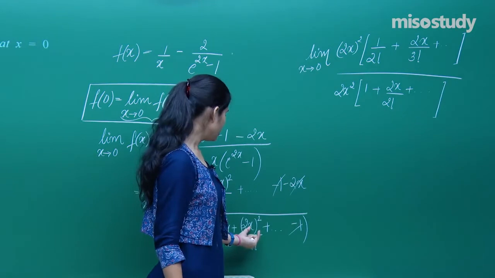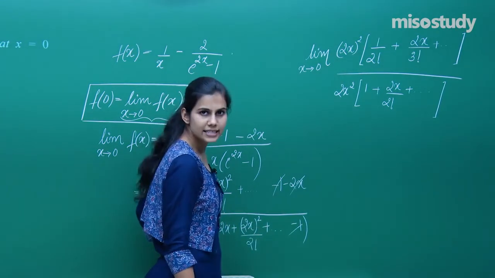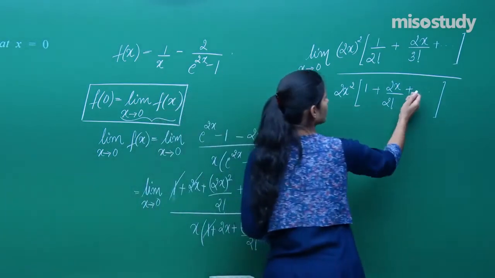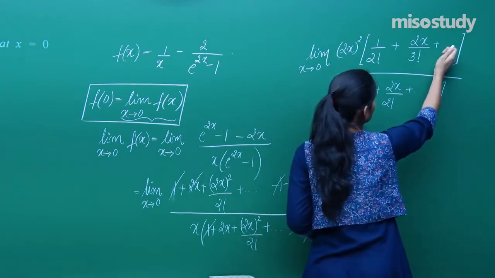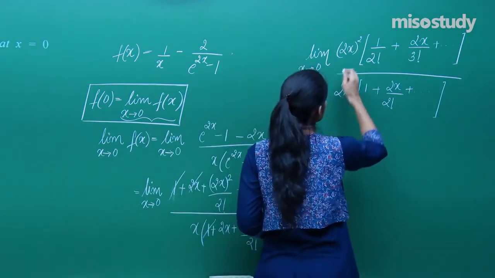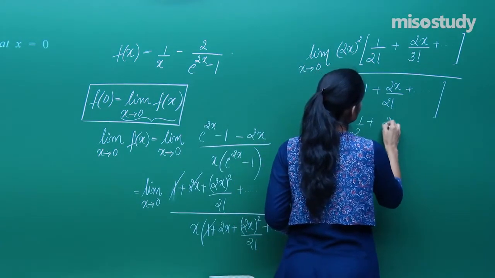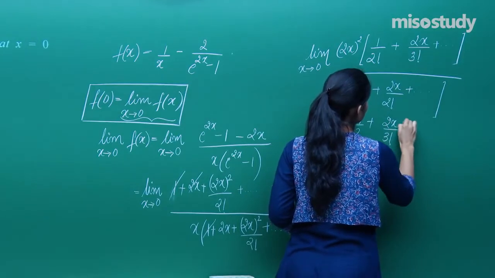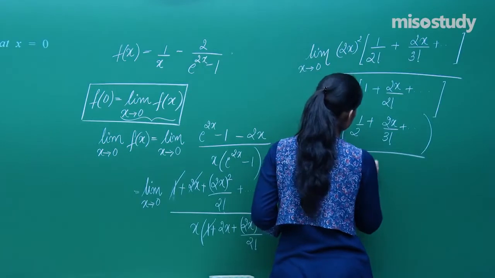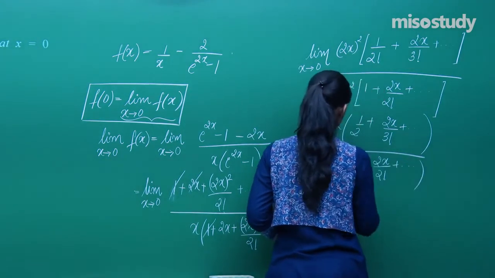The rest of the terms are all going to have at least one x term. Here also at least one x term will be there in all the next terms. So you can see 2x square gets cancelled. You are left with 1 by 2 plus 2x by 3 factorial plus and so on, whole upon 1 plus 2x by 2 factorial and so on.